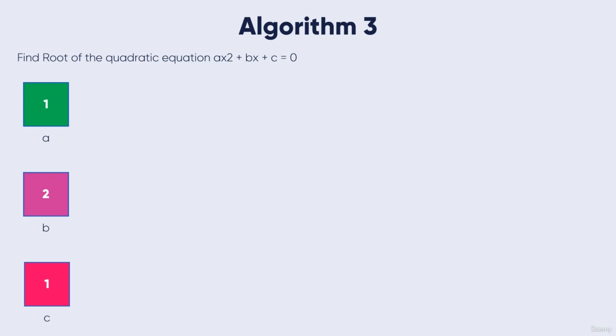And C, the user entered 1 and stored inside C. Now, we need to declare another variable called determinant. This determinant is calculated by b squared minus 4ac. This is the delta, or the determinant. So for this equation, where the user entered a as 1, b as 2, and c as 1, the determinant would be equal to 0.